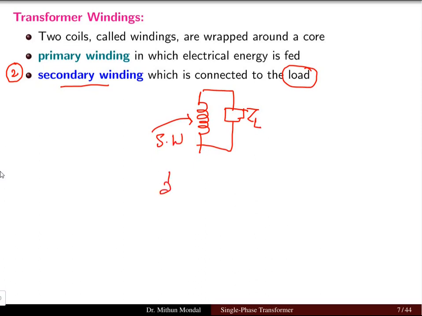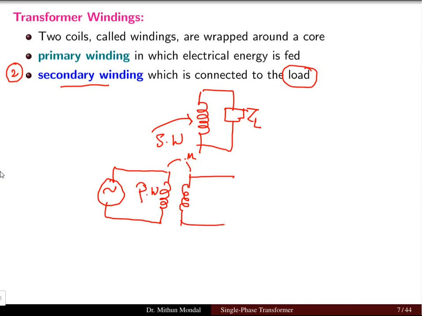Now, if we combine both windings, both windings have to be in close proximity, and there should be mutual induction between them with respect to the core. The first winding is connected to the supply voltage, which is known as the primary winding. The secondary winding is connected with the load. These two windings are not physically connected with each other, they are mutually coupled.